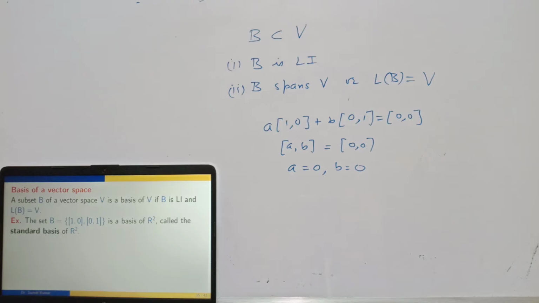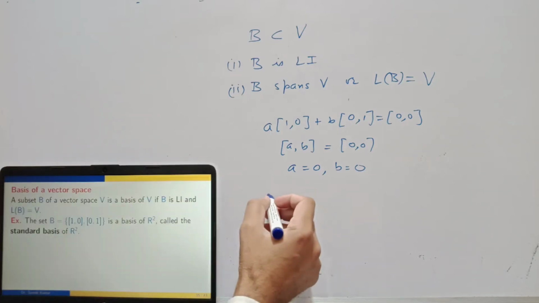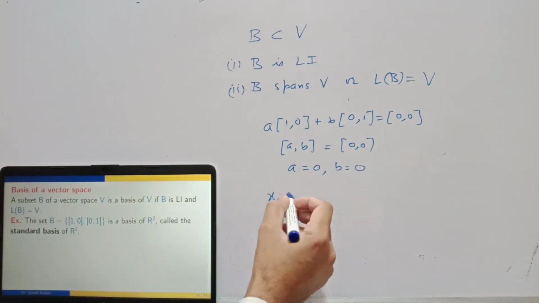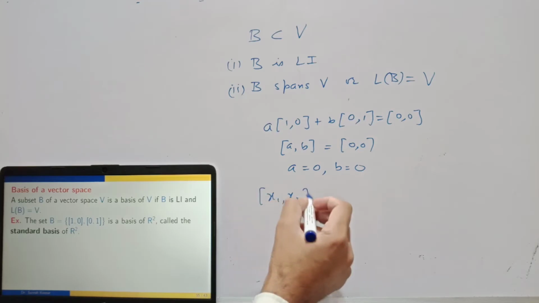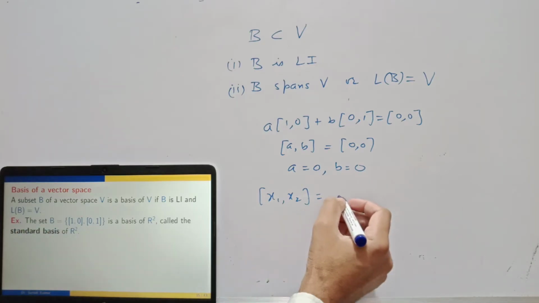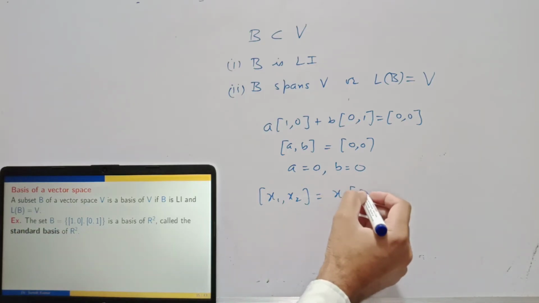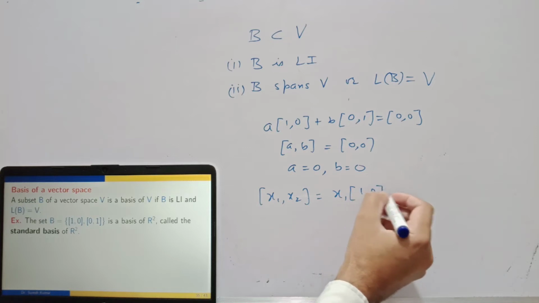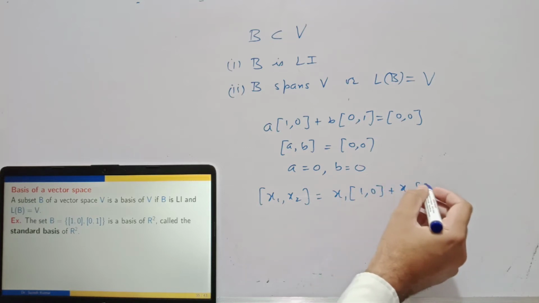Next, does it span the vector space R2? So consider any member from R2, (x1, x2). Can it be written as the linear combination of the members of B? Yes, I can write it as x1 times (1, 0) plus x2 times (0, 1).